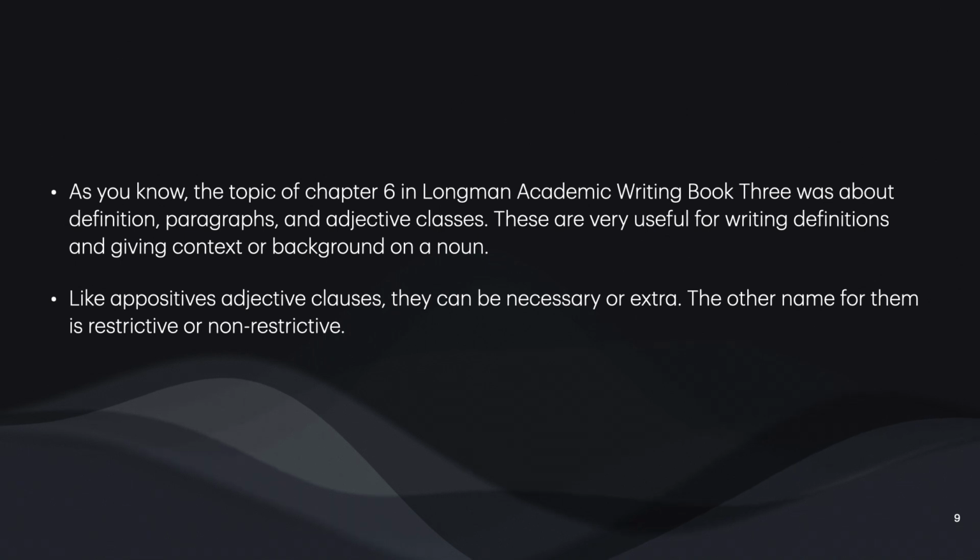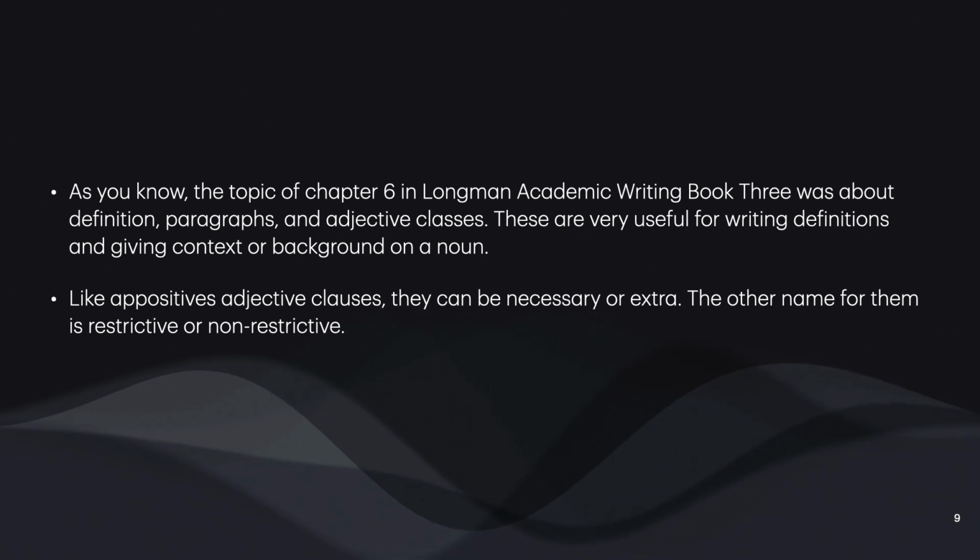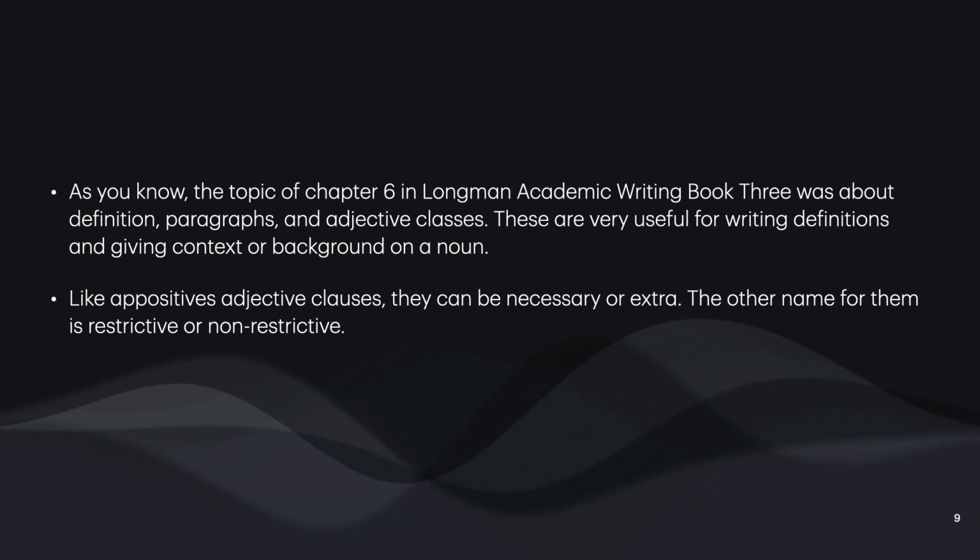The topic of this chapter was definition paragraphs, and all the grammar tools that we are talking about are very useful for writing definitions and giving context or background on a noun. Like appositives, adjective clauses also divide into necessary or extra.